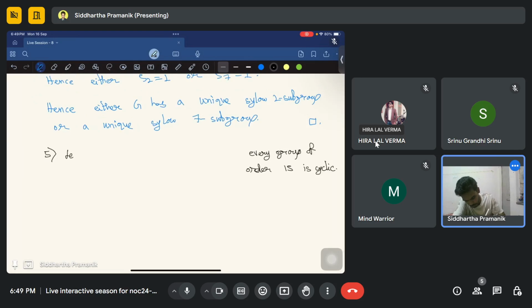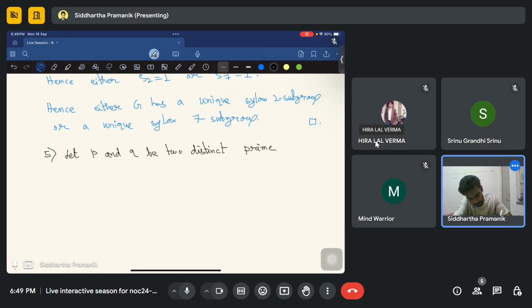So let p and q be two distinct prime numbers with p less than q and p does not divide q minus 1.